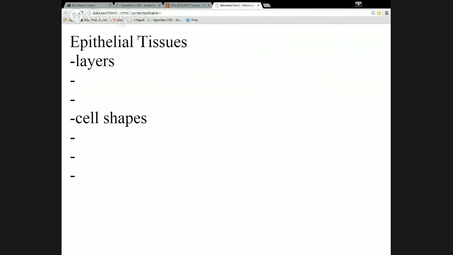As I write these things down, I say two things here, three things there. Just if you're taking notes, I want you to know that you need to leave a little bit of space there. Layers come in two varieties. There are single layers, which are called simple epithelia. A single layer of cells, which is covering or lining something.